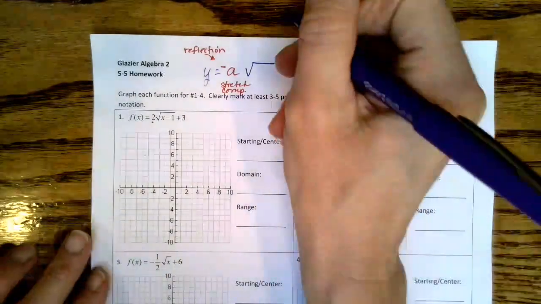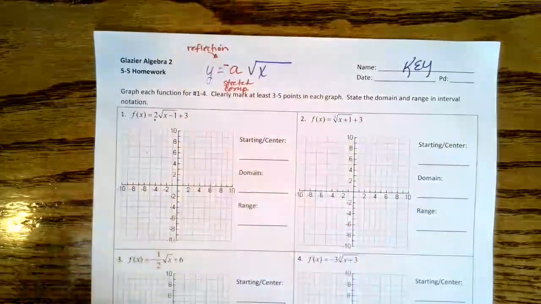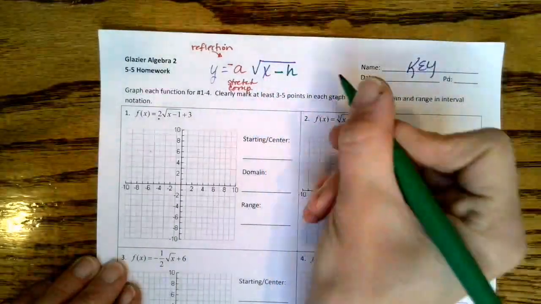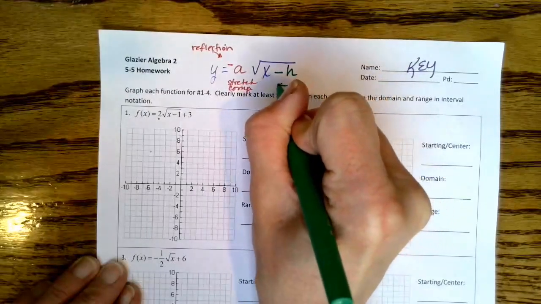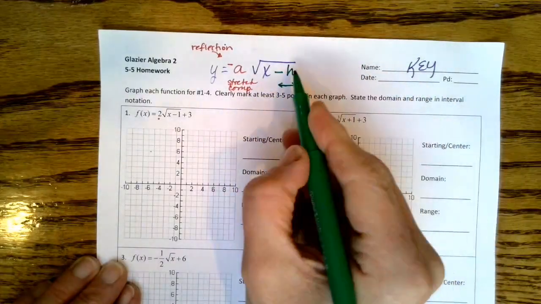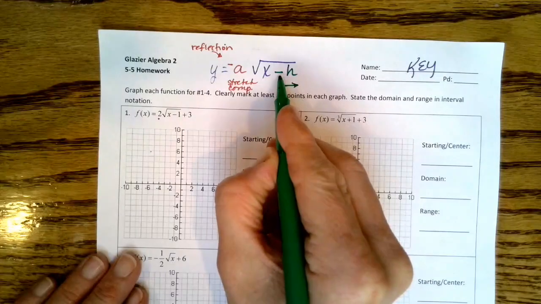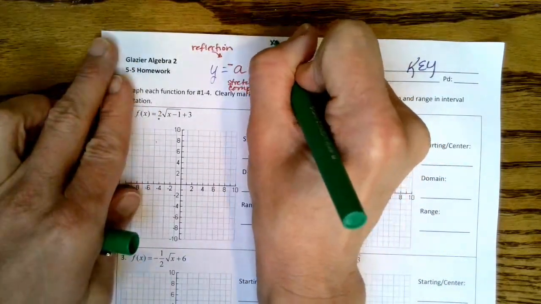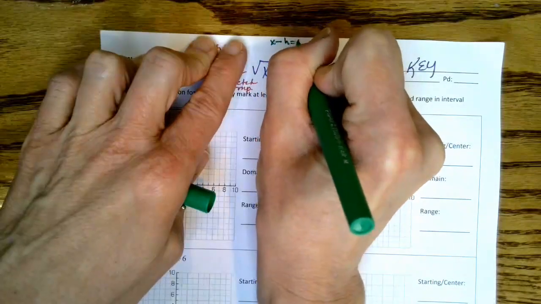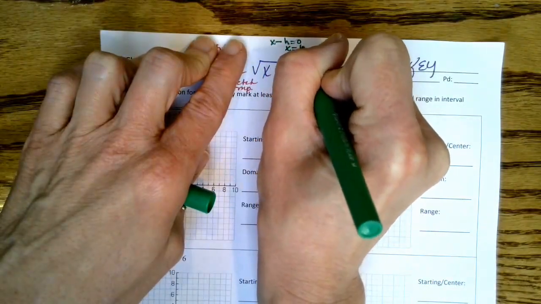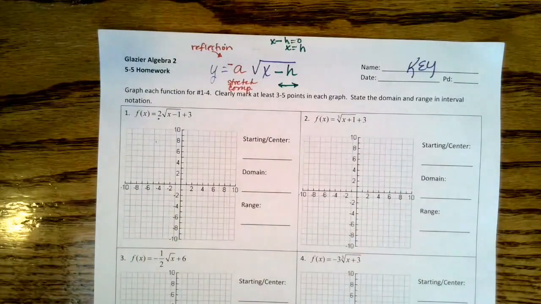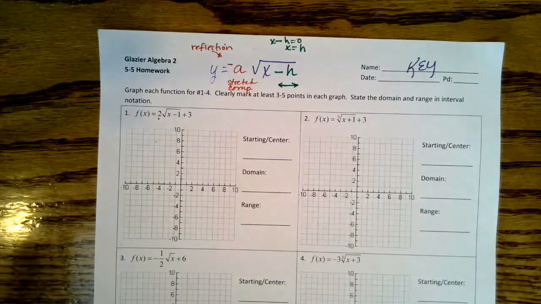We have our x as usual, and then we have this idea of left-right movement, and remember, it's always going to be naturally negative. The reason for that is because we can set x minus h equal to 0 and see that the change in our x, our left-right conversation, is going to be h. So that's an important thing to look at.